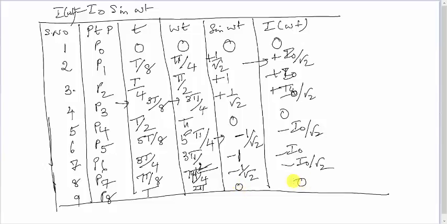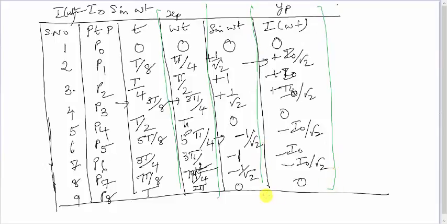This is the glance of the tabular column that you are going to. Now this omega t is going to be my x of P, the x coordinate of P. I as a function of omega t is going to be the y coordinate of P. So for the next tabular column where we want to draw the graph, we require only this tabular column and this tabular column to be carried forward for our next entry into the tabular column, from which we can have the graph immediately juxtaposed.